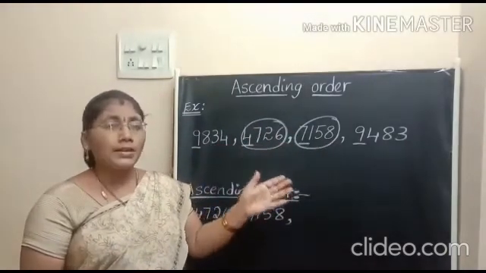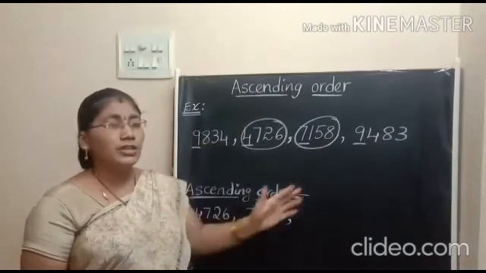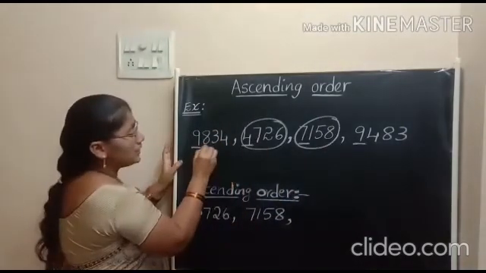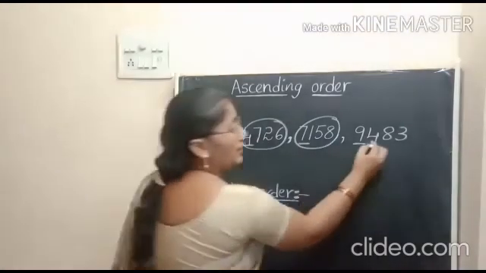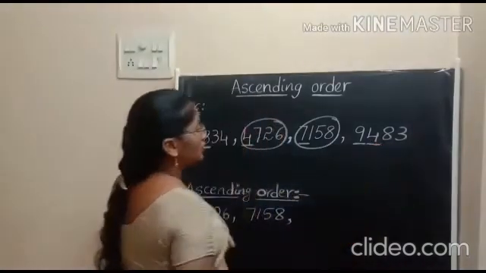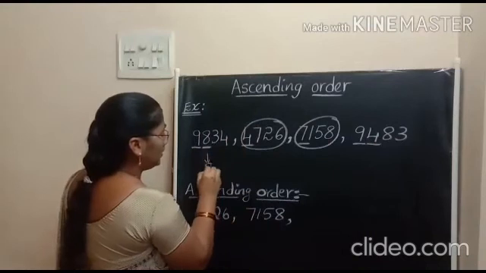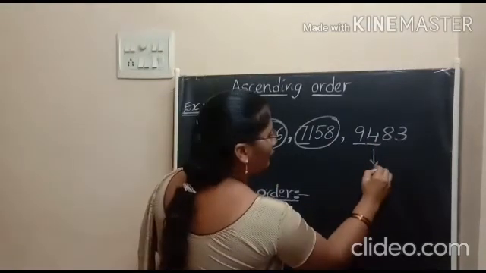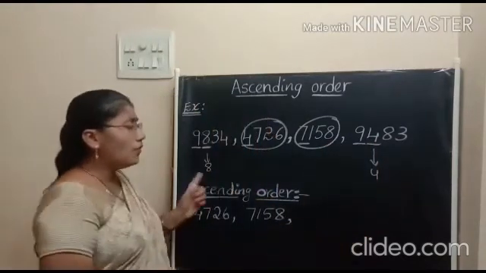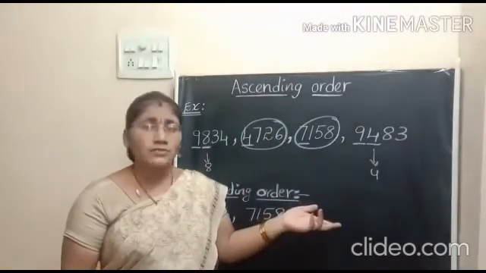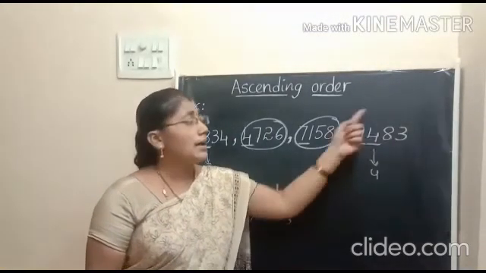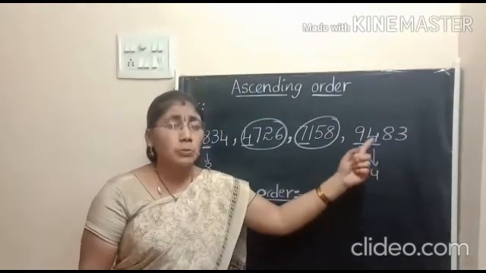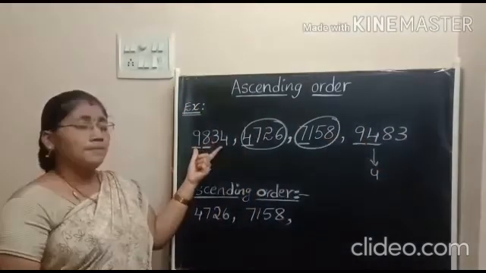Let us compare the second digit of these numbers. What is the second digit here? That is 8. Here 4. So, we have 8 here and here we have 4. Which is the smallest one? 4 is the smallest one. So, this number is smaller than this number.